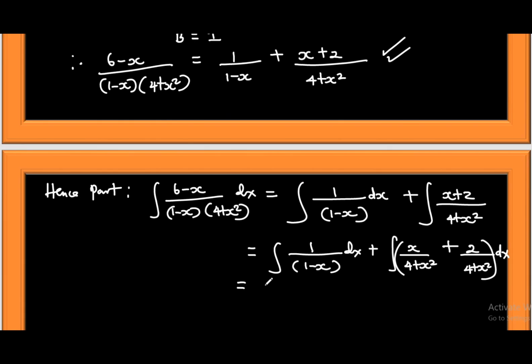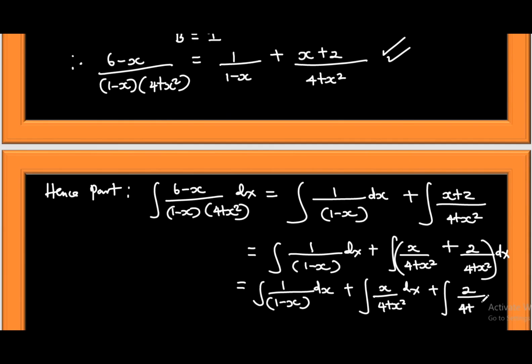So it's now a matter of realizing that we are supposed to integrate 1 out of 1 minus x dx plus the integral of x out of 4 plus x squared with respect to x plus the integral of 2 out of 4 plus x squared with respect to x.